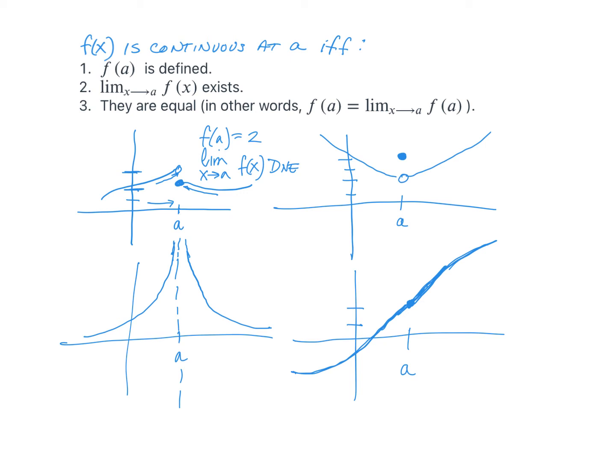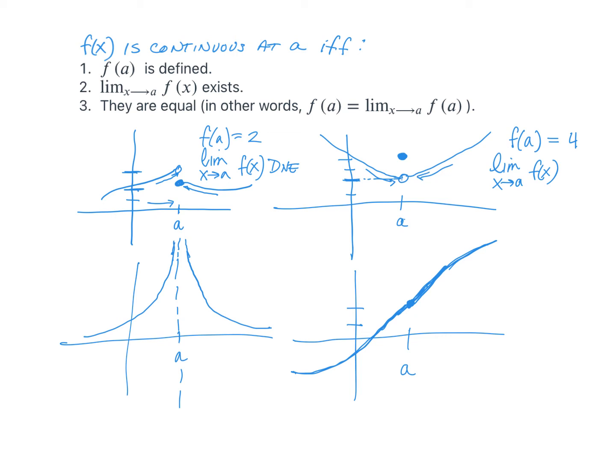Let's look at the second situation. Here, the actual value at A is up here, isn't it? This point is filled in. So at A, the y value is going to be 4. Now let's look at the limit as x approaches A of f of x. From the left side, it's approaching a y value of 2, and from the right side, it happens to be approaching the same y value of 2.